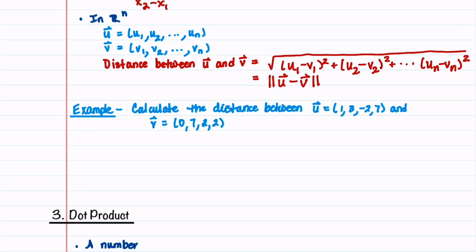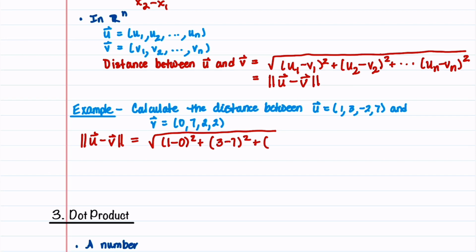In this problem, we're asked to calculate the distance between u and v, and notice that u and v are vectors in R4. Our distance is the magnitude of u minus v. This is equal to the square root of (1 minus 0) squared plus (3 minus 7) squared plus (minus 2 minus 2) squared, and then lastly (7 minus 2) squared.